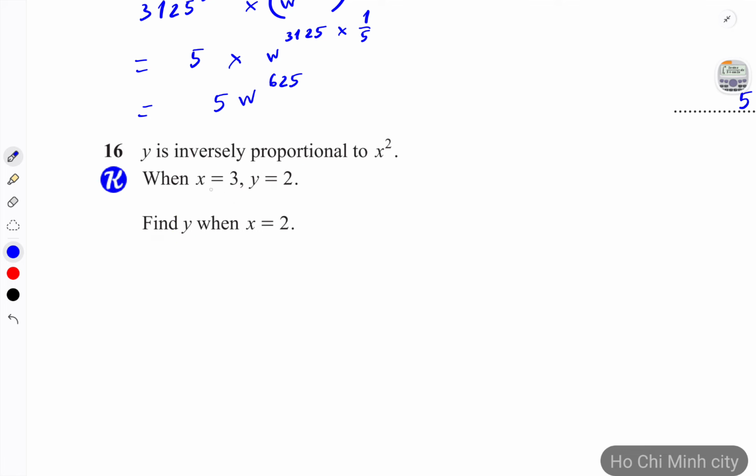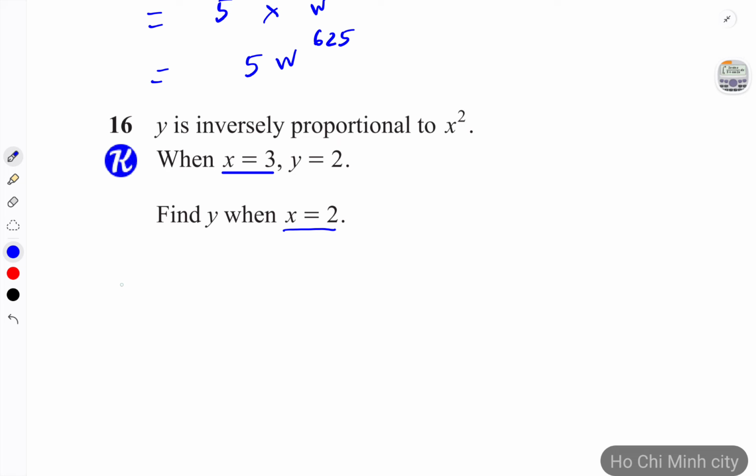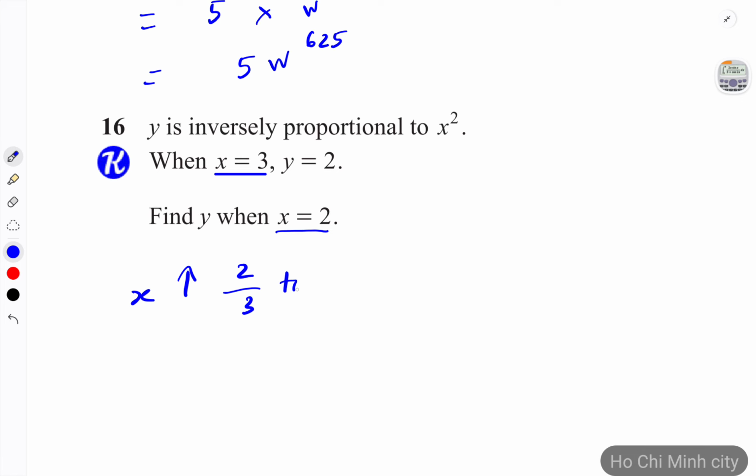All right, so from x is 3 to x is 2, how many times has x increased? From 3 to 2, that is the increase of 2 over 3. So x increased 2 over 3 times.